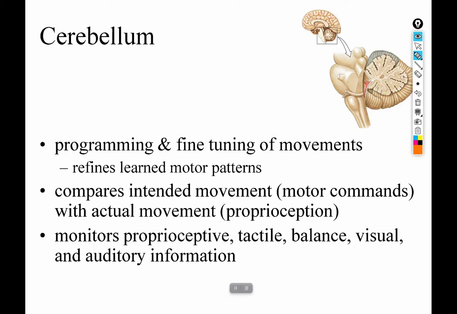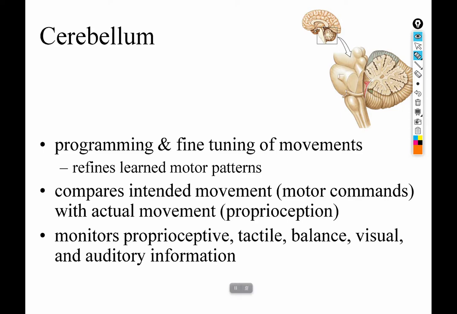And I have action potentials running through my muscles via the motor units. Those proprioceptive organs, the tendon organ and the muscle spindle, are going to send sensory or afferent information back to my brain to say, hey, this movement is happening and here's how it's going. This amount of stretch is happening, we're doing this amount of contraction, etc.